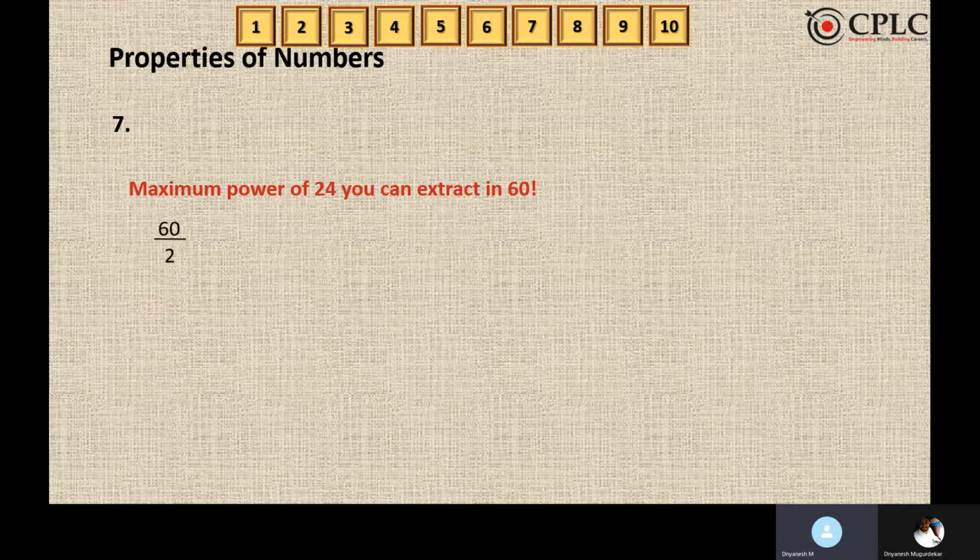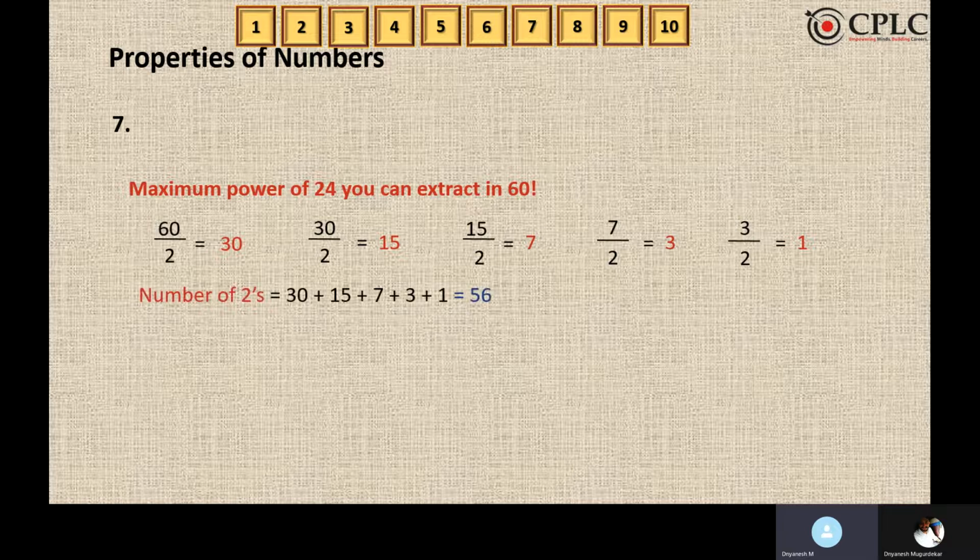So 60 divided by 2, quotient is 30, 30 divided by 2, 15, 15 divided by 2, 7, 7 divided by 2, 3, 3 divided by 2, 1. That's it, because 1 divided by 2, you will get quotient 0, and that is where we will stop. So add all the numbers, 30 plus 15 plus 7 plus 3 plus 1. That gives you 56 twos present in 60 factorial.